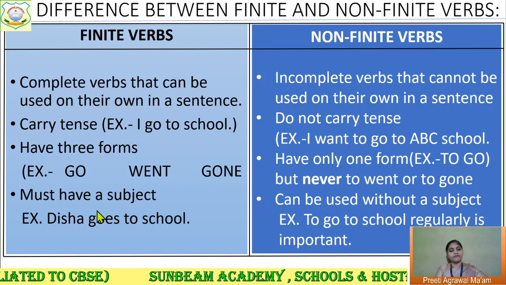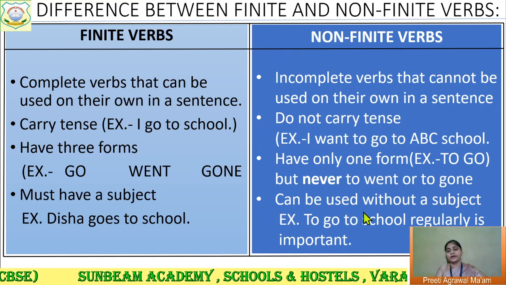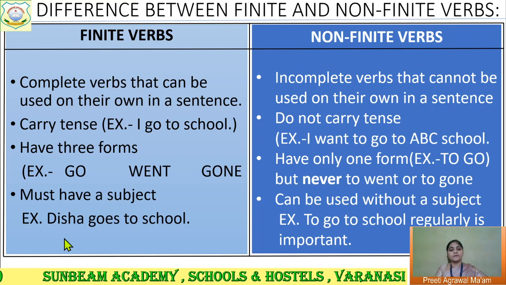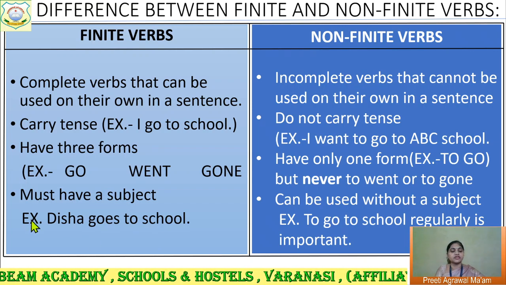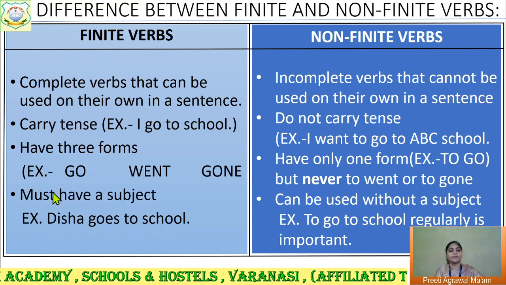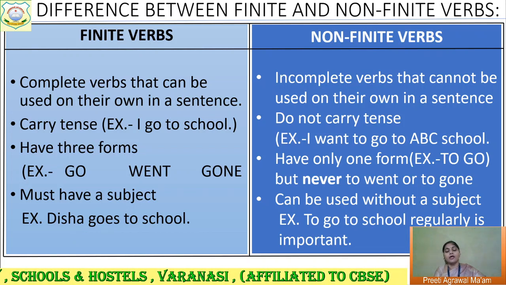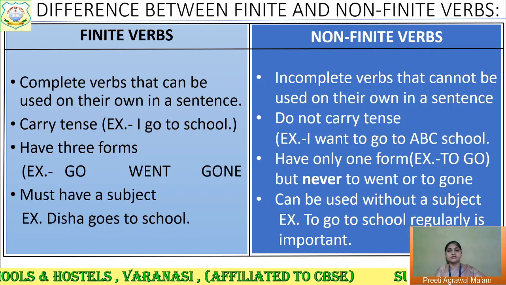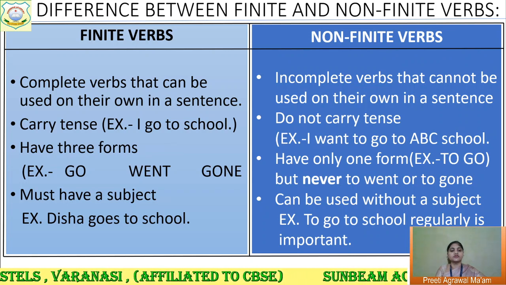Finite verb must have a subject. Non-finite can be used without a subject, which I have already told you. For example, Disha goes to school. What is the subject here? Disha. We are talking about Disha. So the person about whom we are talking or the doer of the action is Disha. So here Disha is your subject.